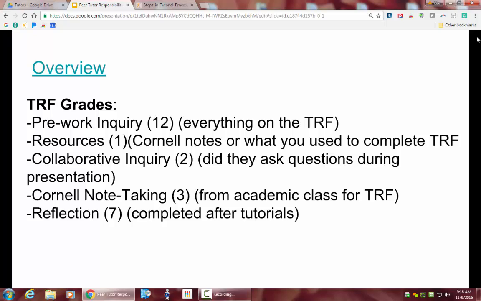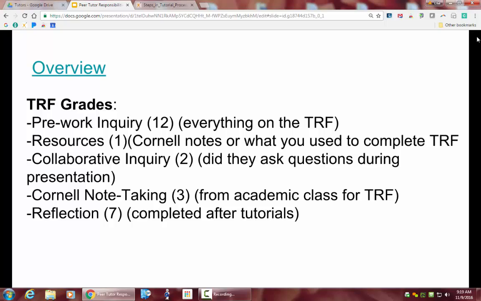Your resources, which is worth, I believe, 1 point, is your Cornell notes, or where you're getting your information and your notes to complete the TRF. Collaborative inquiry is basically, are you asking those questions? Are you really thinking deeper about the question, and are you assisting that presenter in helping to answer that problem?